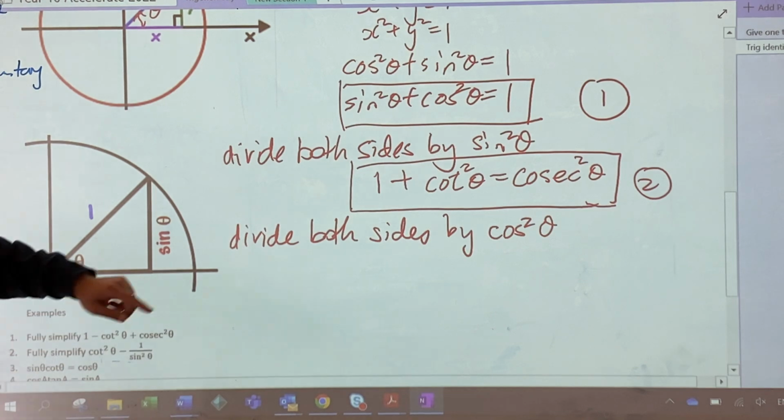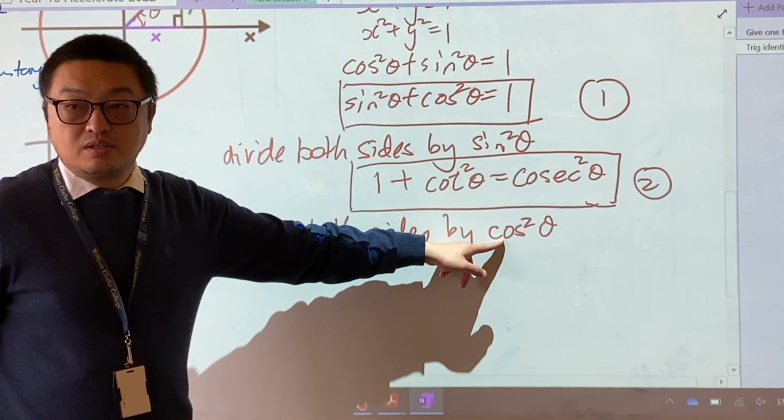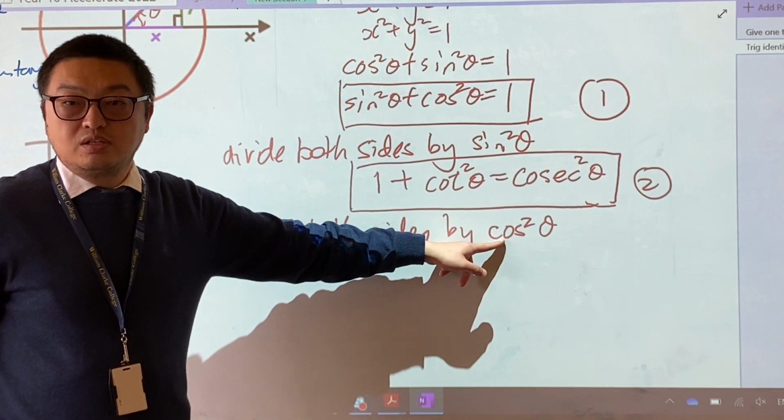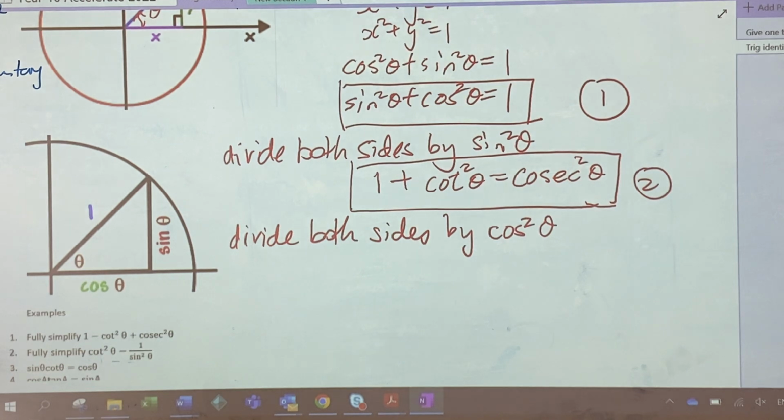Now let's have a look. What's sine squared theta divided by cos squared theta? Sine over cos is tan, so it's tan squared theta. All good? Awesome. Where are we going from? From the first equation.